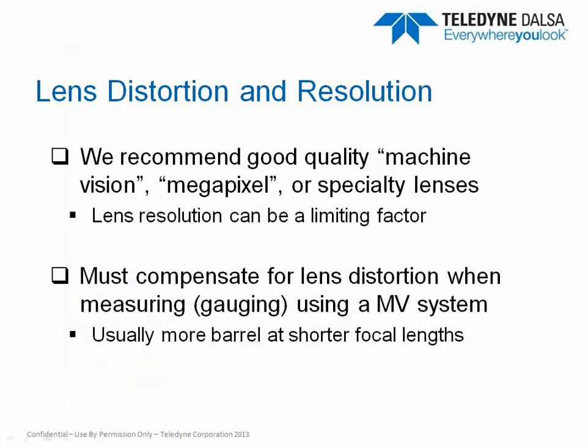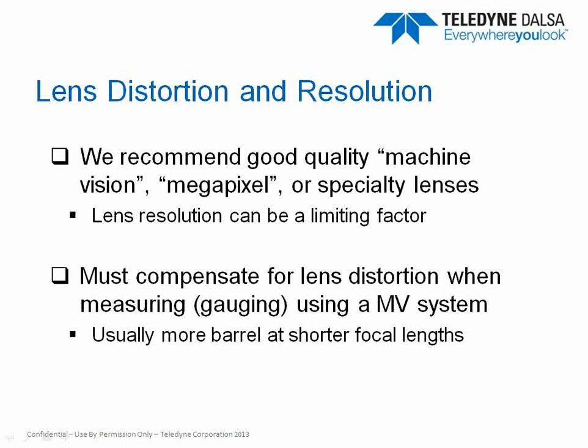One of the things we need to worry about with lensing is, we always recommend megapixel lenses that are good for machine vision, because if you're trying to do measurement or get the best image, you want to use a very decent lens, not something you pick up in a yard sale.